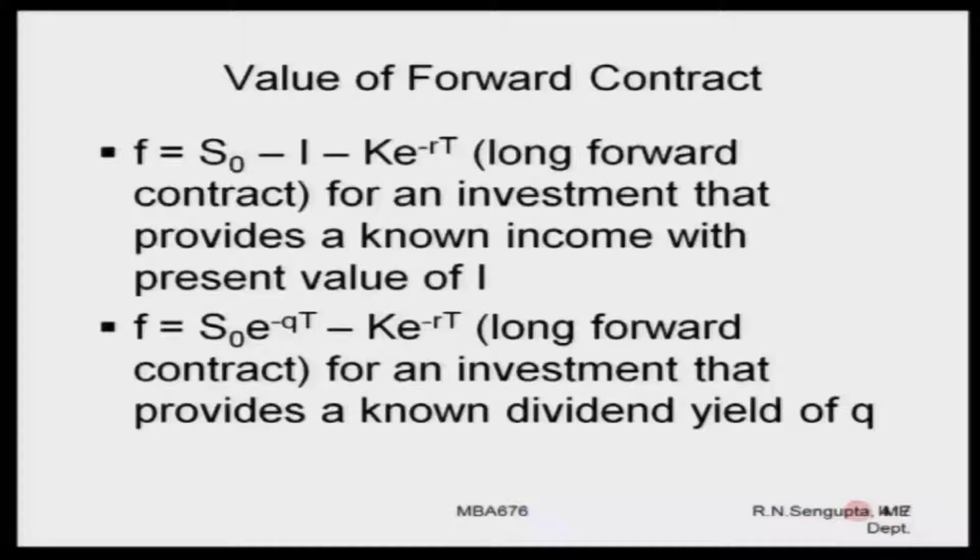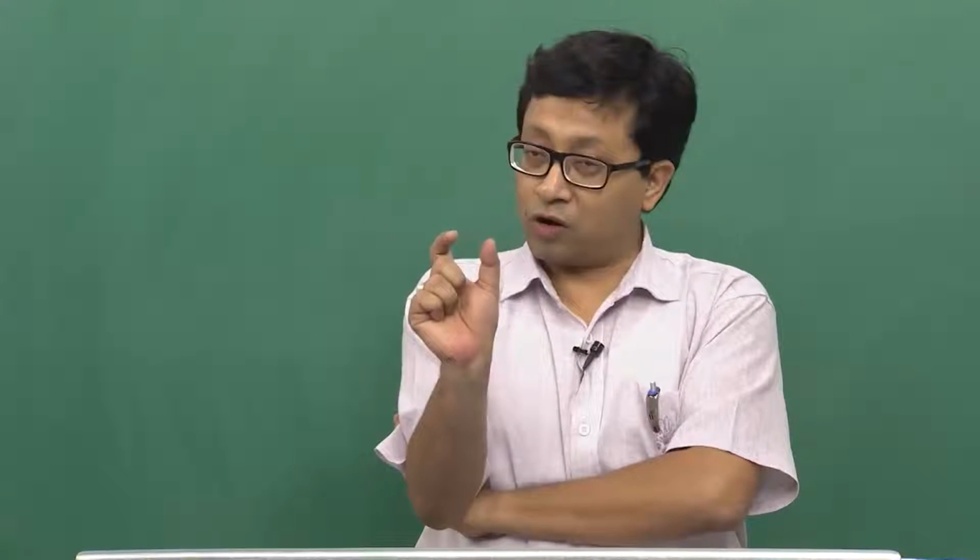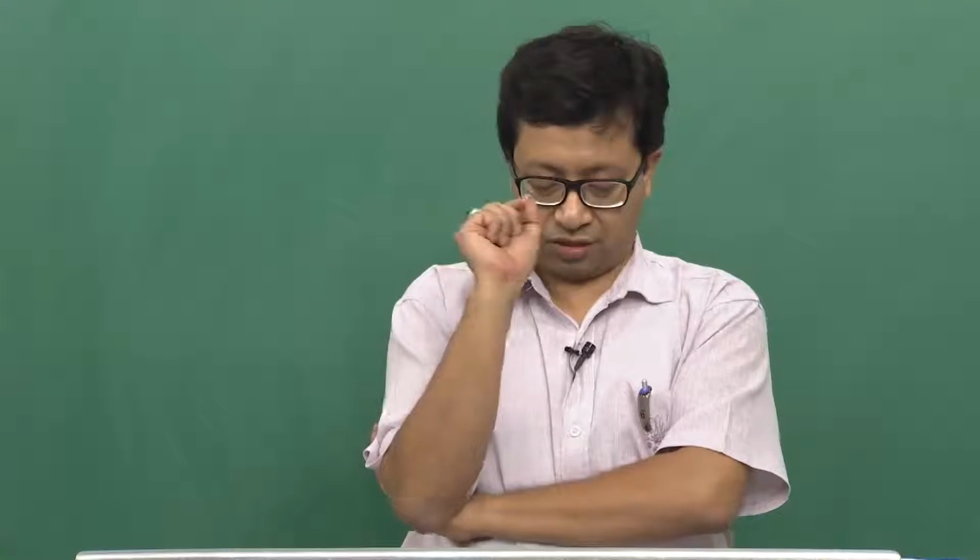If I go for a long forward contract, as discussed, it is S0 minus I minus K e to the power minus RT. For the short position it will just be the reverse. The short position would be the person who is selling the contract to the long position, and the profit and loss they make at different points of time would be the same quantum-wise, but with the sign changed.